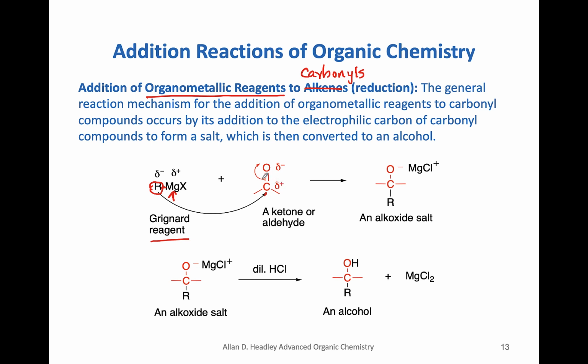Here, these 4 electrons, a sigma bond and a pi bond, are not equally distributed because the electrons are more towards the electronegative oxygen compared to the carbon. So the reaction here takes place because the nucleophilic R attacks the electrophilic carbon, and of course we have the electrons going off here to form the anion, which is now a salt.